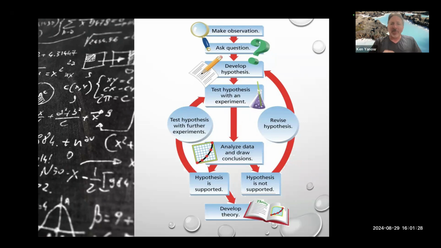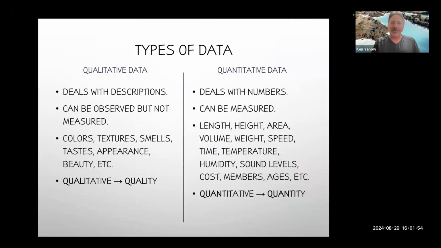And once you develop a theory, that's not the end of the game because you're still going to have people continually asking questions, continually developing hypotheses, and continually judging. Always and forever, that is the scientific method. So it's an extremely rigorous but very logical system, and it's a good way to look at stuff. If you want answers, ask questions, develop hypotheses, test it out.